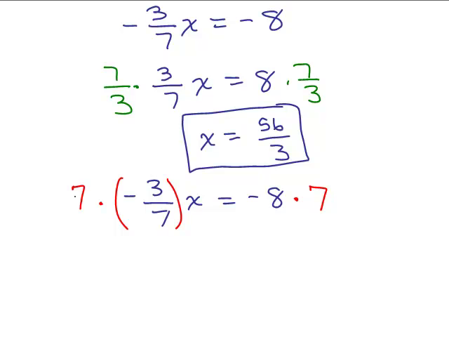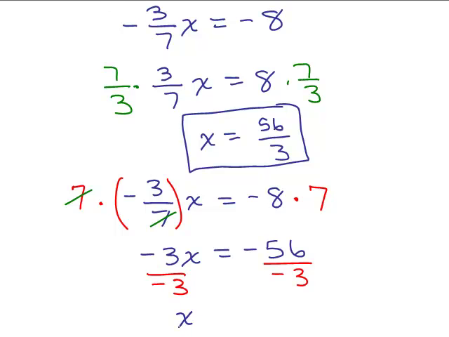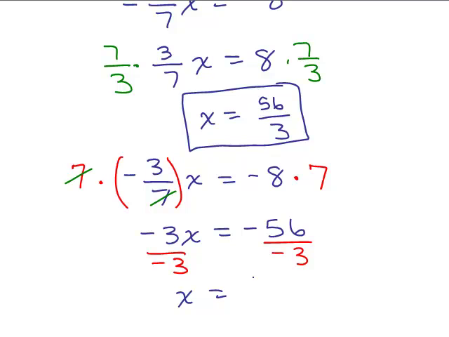So the 7's cancel, and I get negative 3x equals negative 56. And now we could divide both sides by negative 3. Remember, not just by 3, because you want to know just what x equals. So you want it to completely cancel here. And we'll get x equals 56/3.